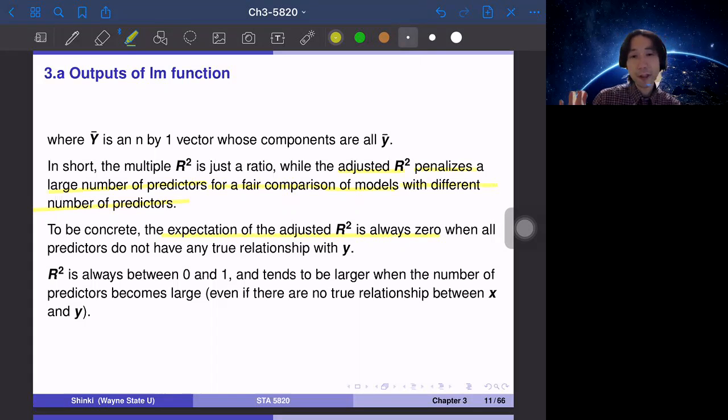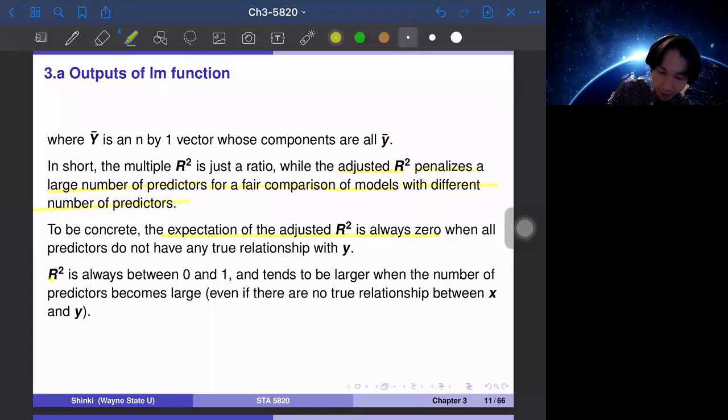So if x1, x2, x3 have no information on Y and are just random numbers, then we regress Y on x1, x2, x3. Adjusted R-square is sometimes 0.01, sometimes negative 0.01, on average 0. So in that sense, adjusted R-square is adjusted.